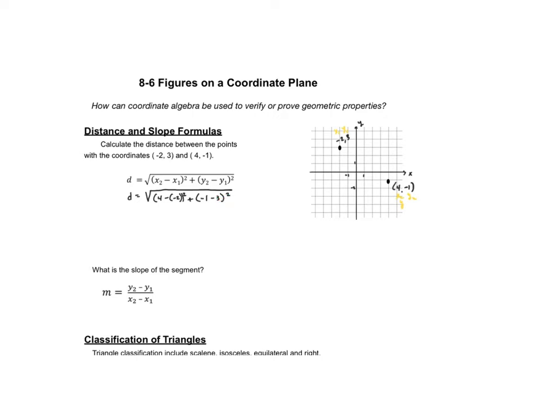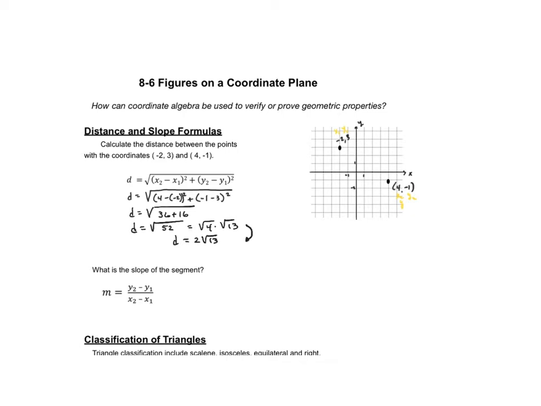And as we continue to simplify, the distance is going to be equal to the square root of 36 plus 16, or distance equals the square root of 52, which we could simplify. We know that that is the square root of 4 times the square root of 13, and so my distance is going to be equal to 2 square root of 13.